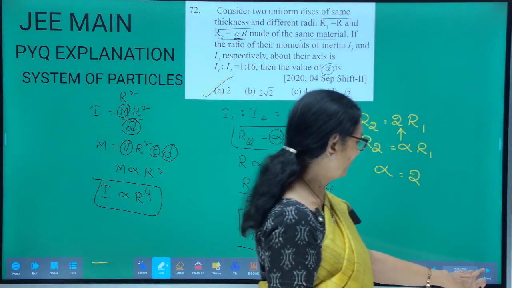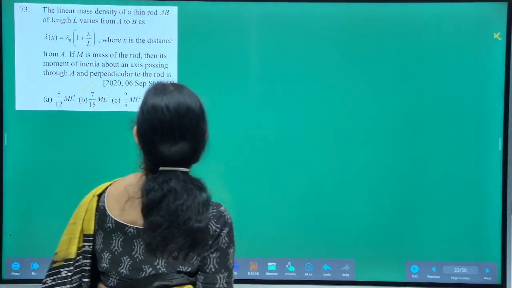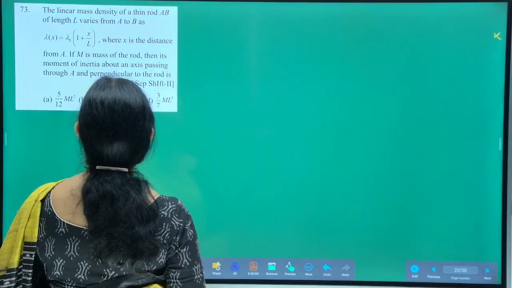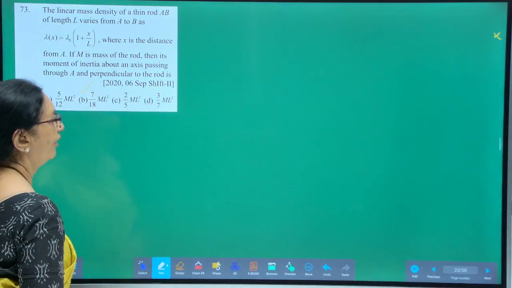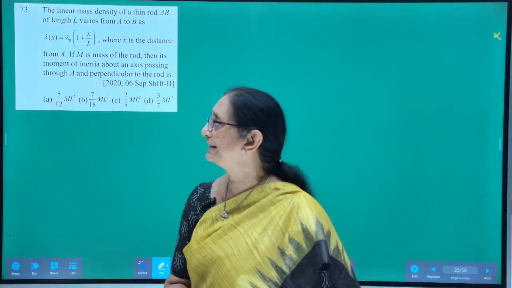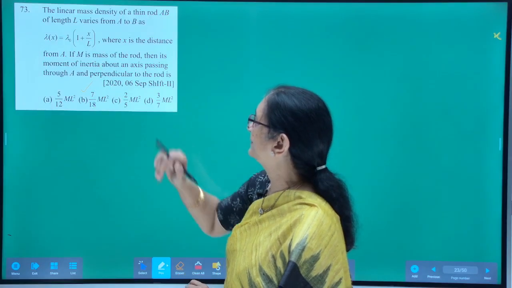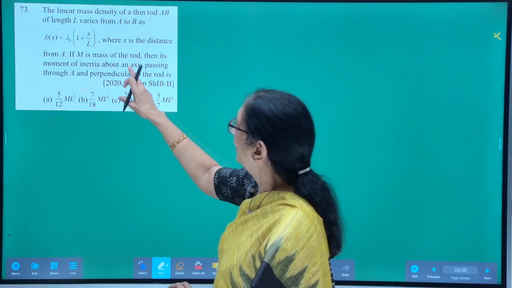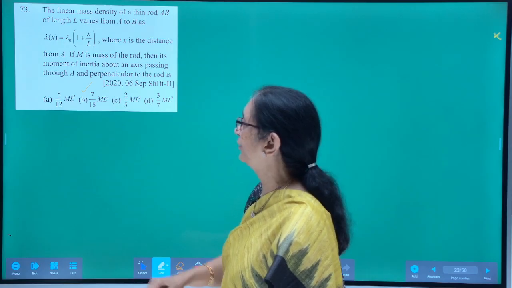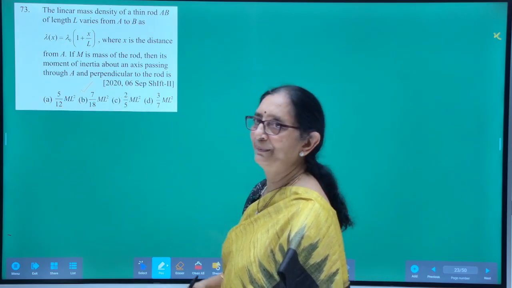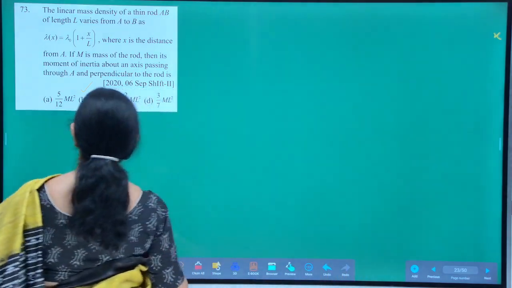Okay, move on to the next problem. The linear density of a thin rod of length L varies with the distance as per that equation. Find the moment of inertia of the rod through the end and perpendicular to the length of the rod.